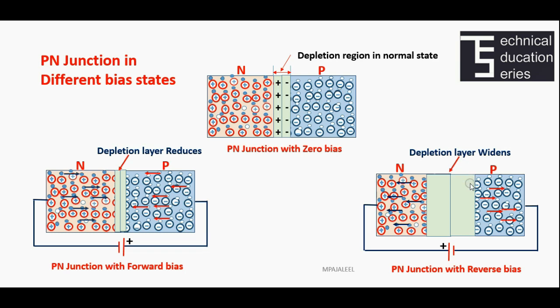And in this case, there will be no current flow through the junction. But if there are any minority carriers, they can cross the junction and will produce a small current through the junction, which is called leakage current.